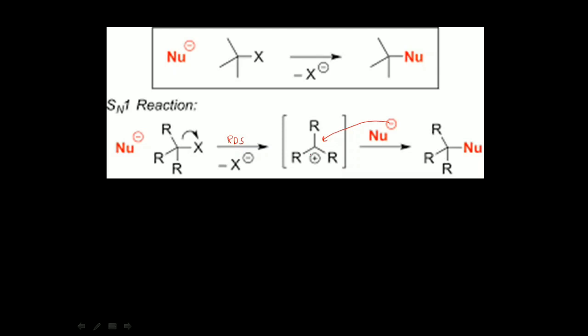The higher the stability of the carbocation, the higher the rate of this slow step, so the overall rate of the reaction increases. So finally, simply, the rate of an SN1 reaction depends on the stability of the carbocation. The alkyl halides which can produce a more stable carbocation are more reactive in SN1 reactions.